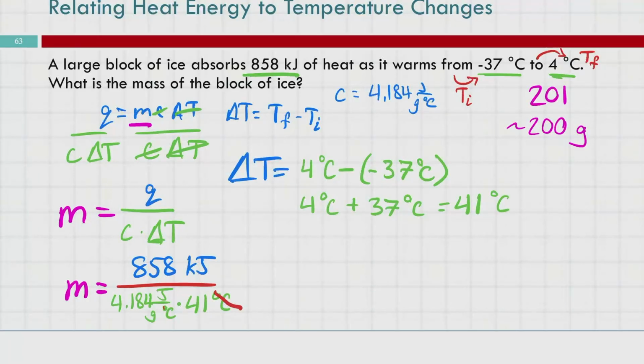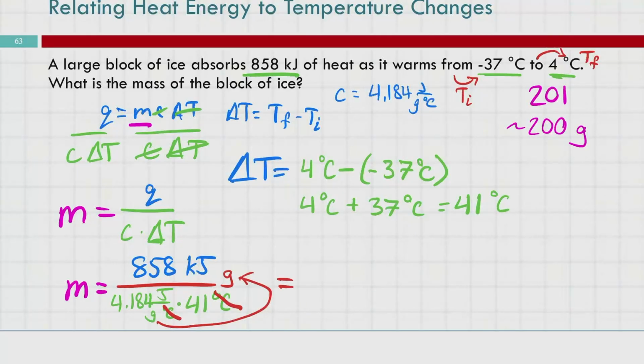Degrees Celsius and degrees Celsius cancel. The grams, since we're dividing and dividing again, actually go up to the top. So grams is secretly on top.